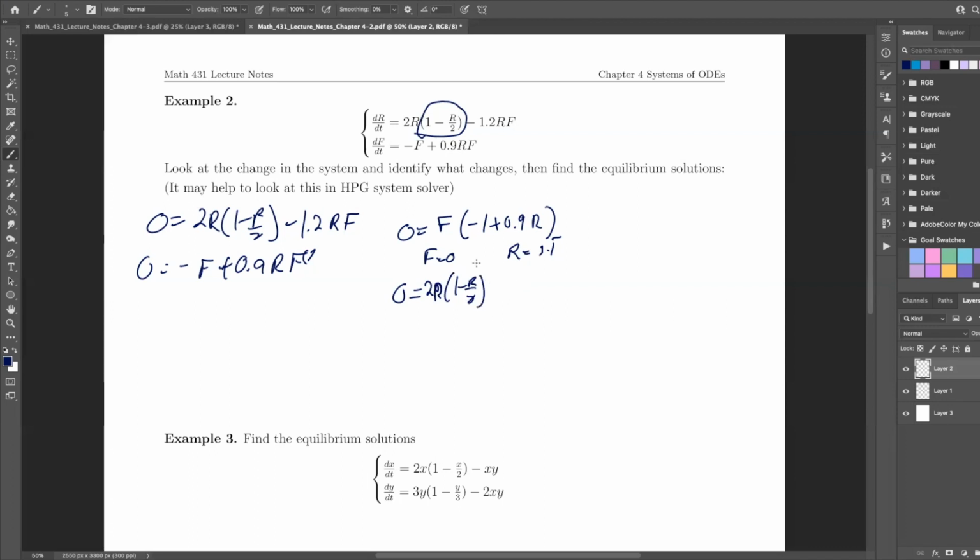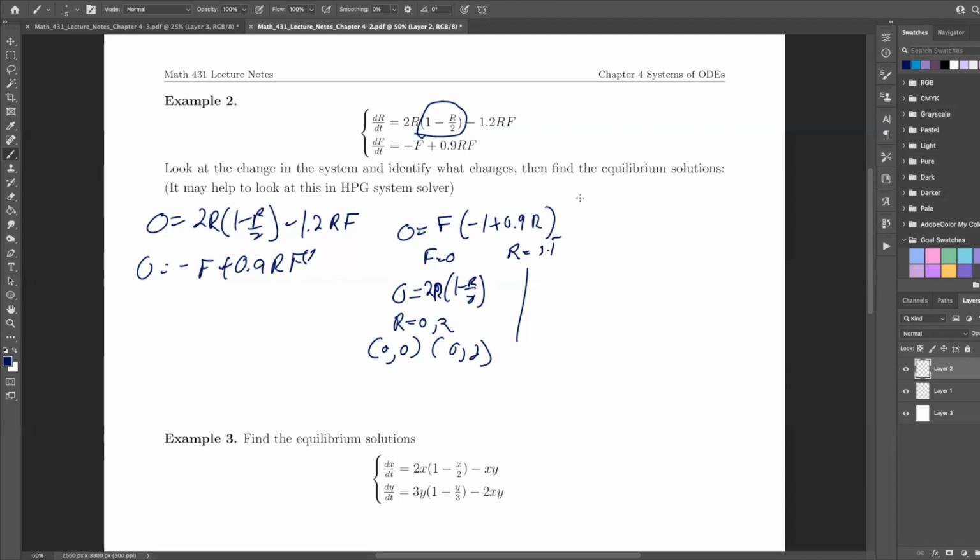That means we have two solutions here. So either r equals 0 or r equals 2. So I make clear the points (0, 0) and (2, 0).